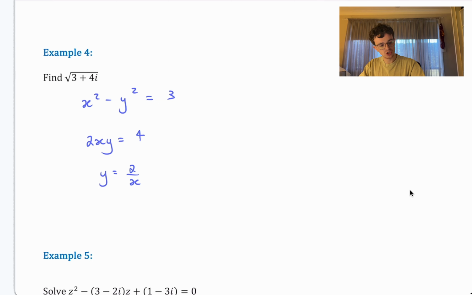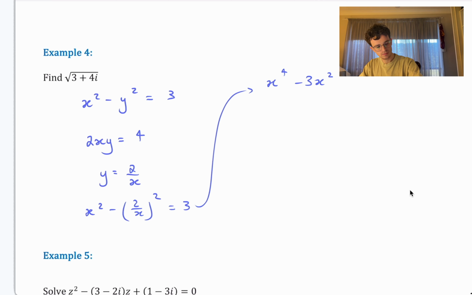I'm going to substitute that into the above equation. x squared minus 2 on x, all squared, is equal to 3. So if we expand, we've got x to the power of 4 minus 3x squared minus 4 equals 0.